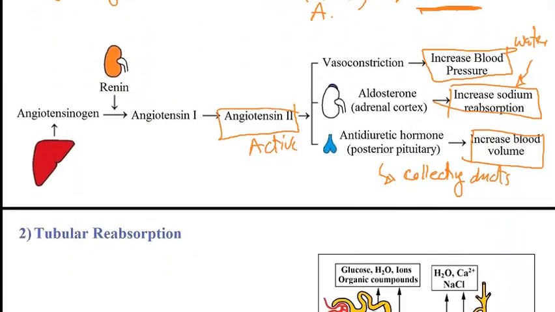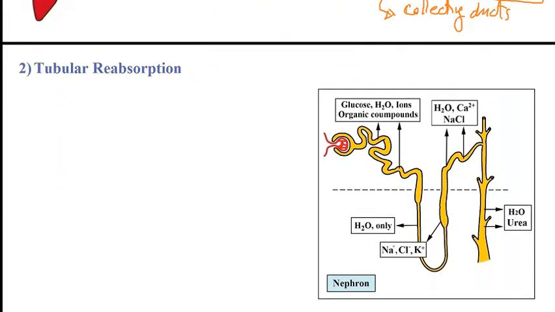All right, so the next topic is tubular reabsorption, and this is actually the process through which substances from filtrate are getting reabsorbed within the interstitial fluid. And then from there on, it will enter the peritubular capillaries.